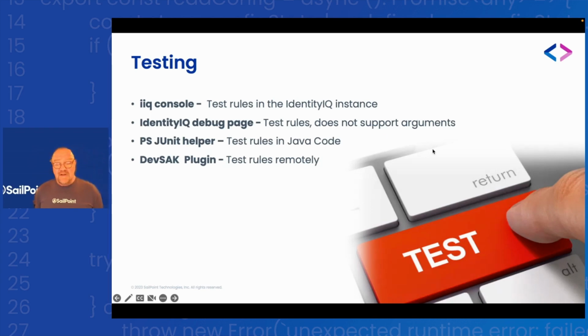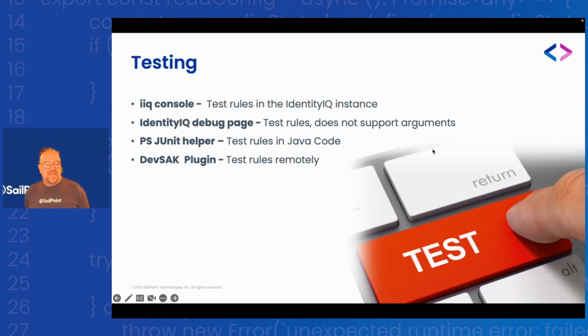IIQ console's got a run rule command, and you can supply parameters to it and such like via file. You've got the IdentityIQ debug page, which is useful for standalone rules, but it doesn't support arguments, so it's a bit more difficult to do that.